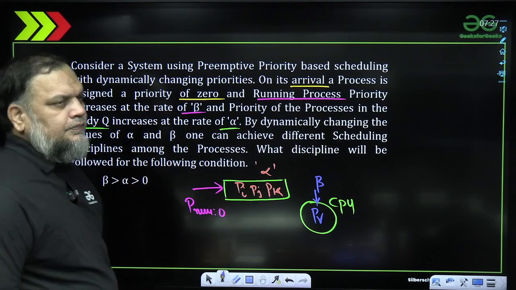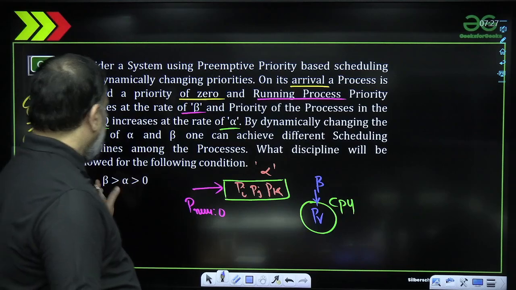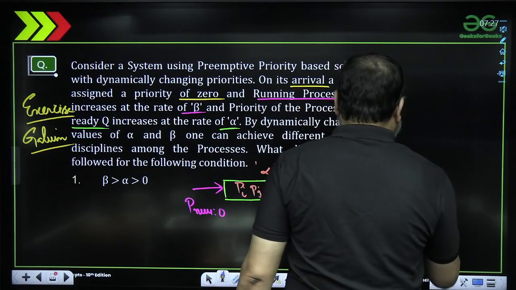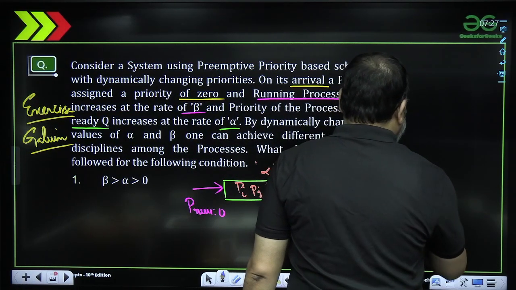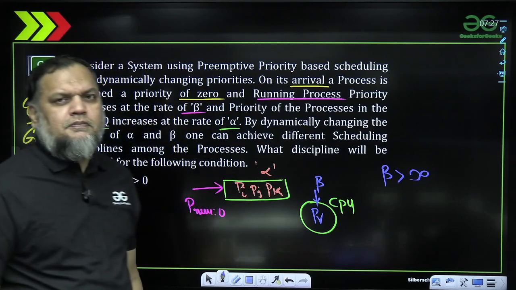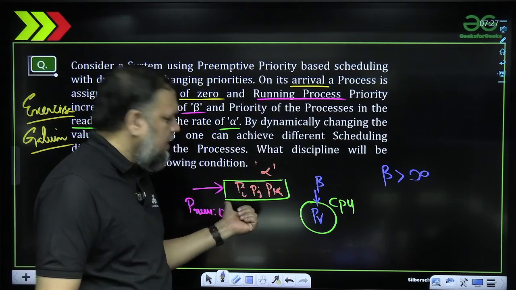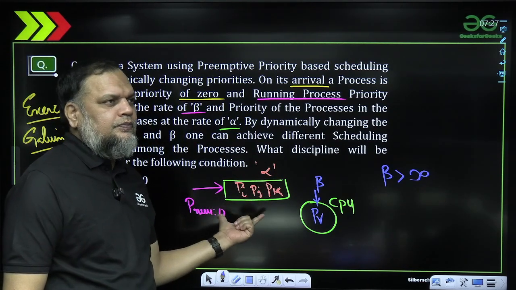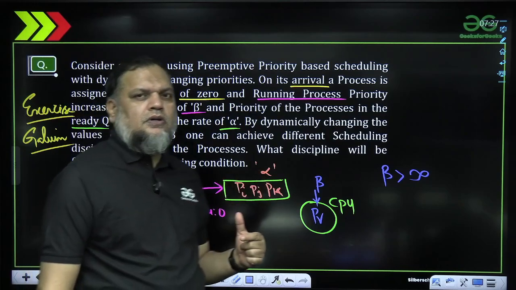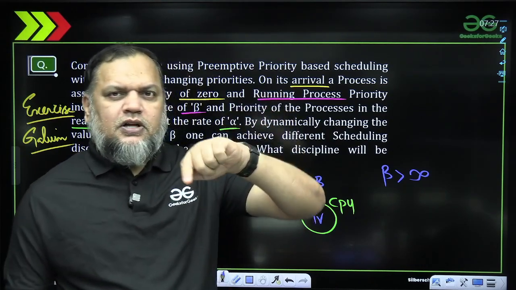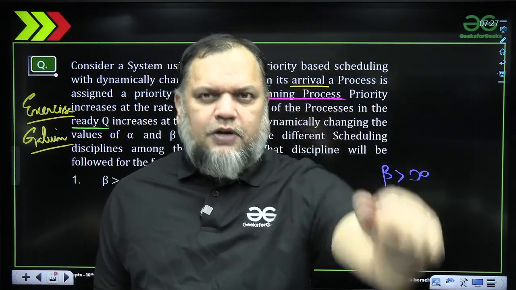0, alpha, beta. Now the question is, if I have the condition that beta is greater than alpha, it means that the running process will always have higher priority than the processes in the ready queue. Means processes in the ready queue will never preempt the running process.